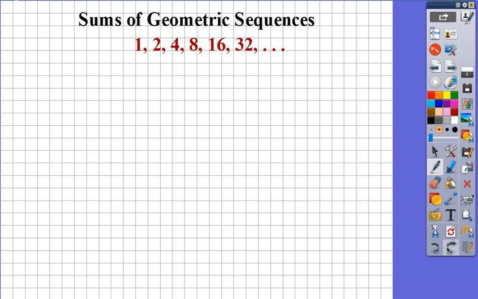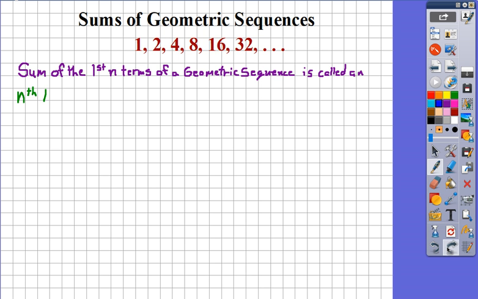Sums of geometric sequences are what we're going to be studying next. What we find out is that the sum of the first n terms of a geometric sequence is called an nth partial sum, just like before.